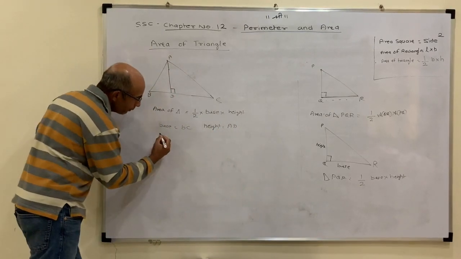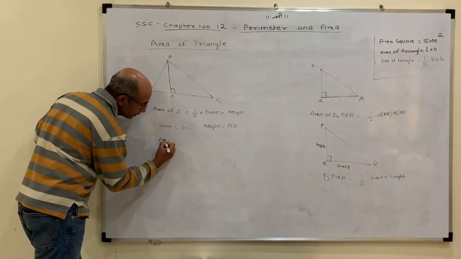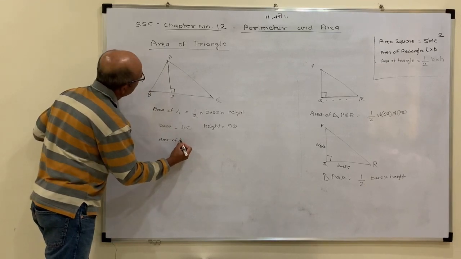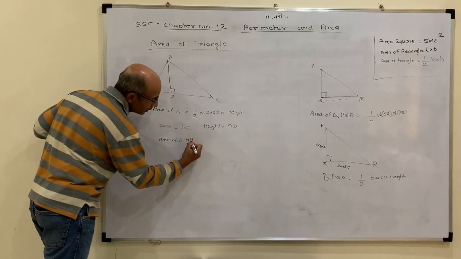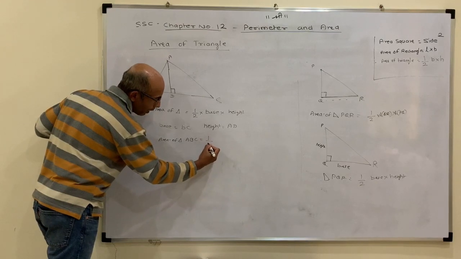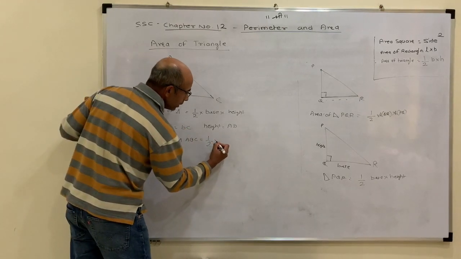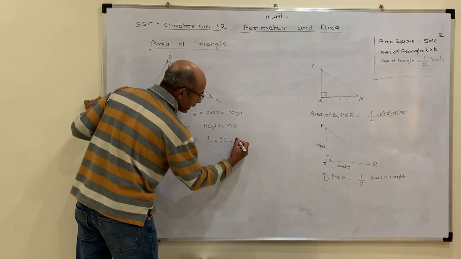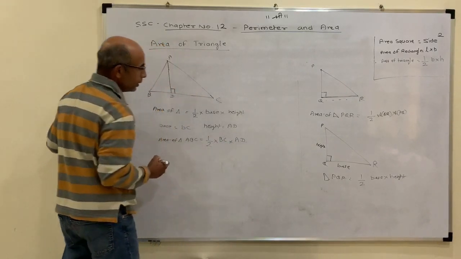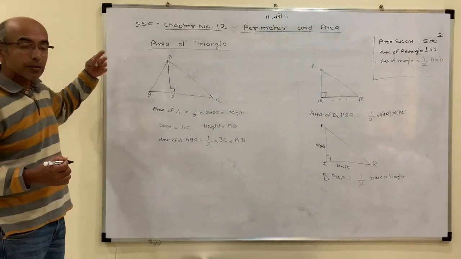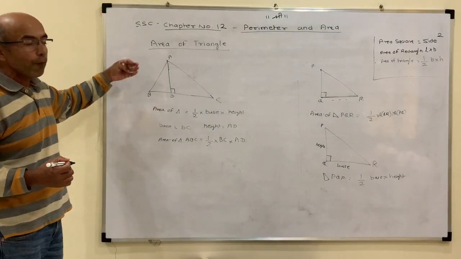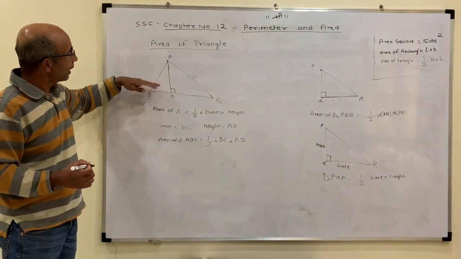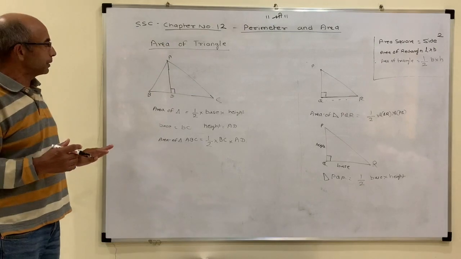So my area of triangle ABC equals half of base BC into height AD. So here, when the triangle is not 90 degree, we need to drop a perpendicular from the vertex which is opposite to the base we are considering.